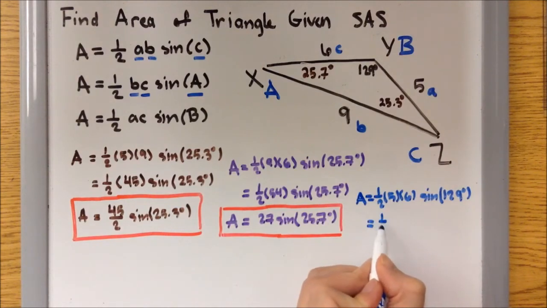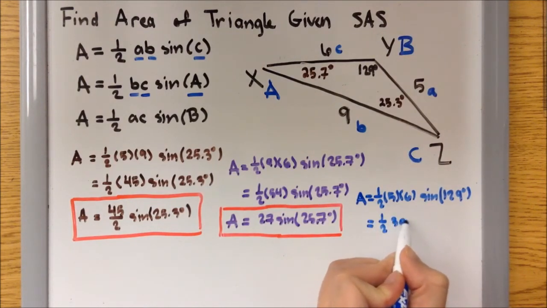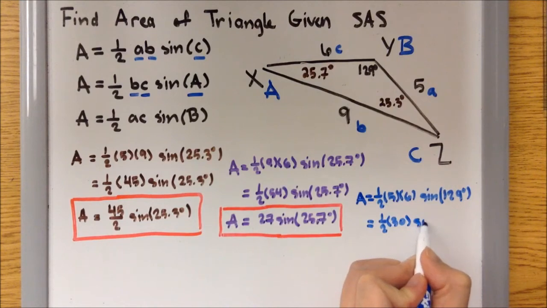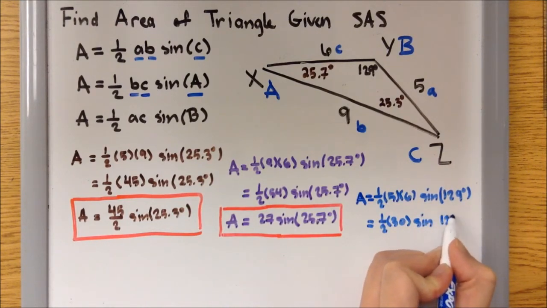So I'm going to have 1/2 times 30 times sine of 129 degrees.